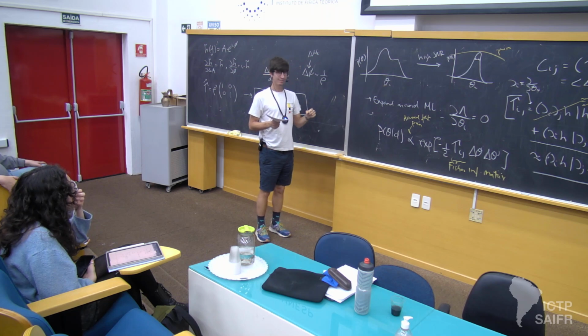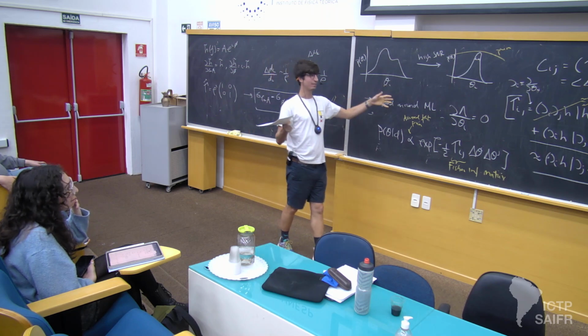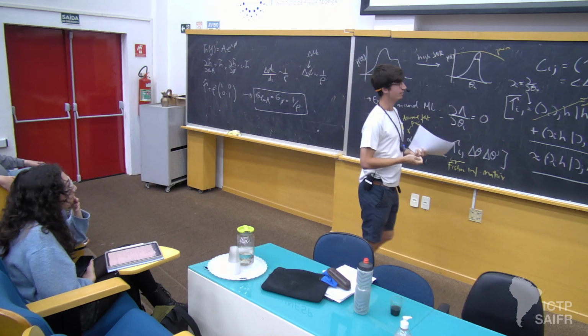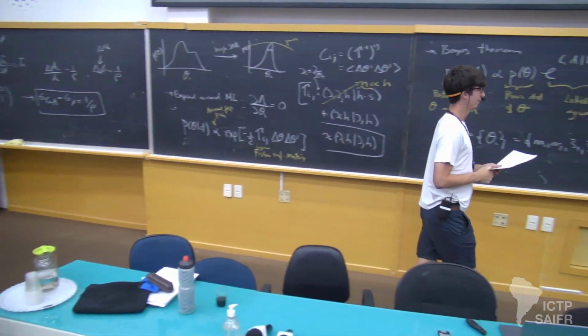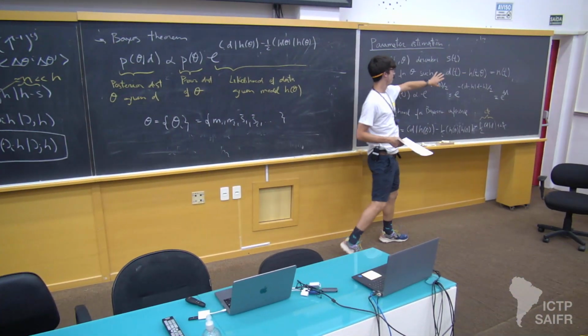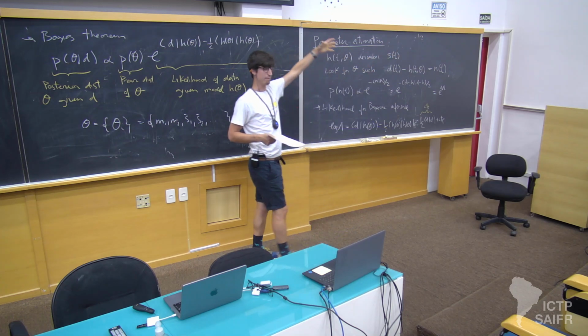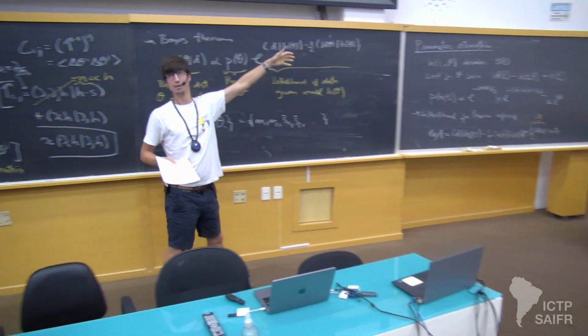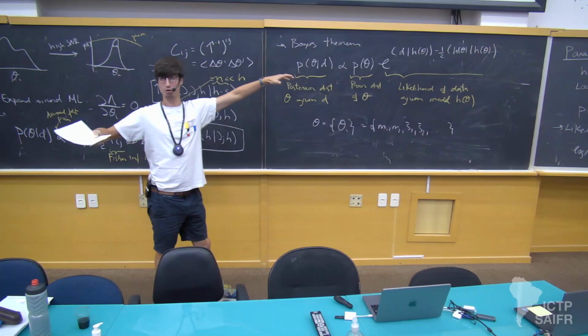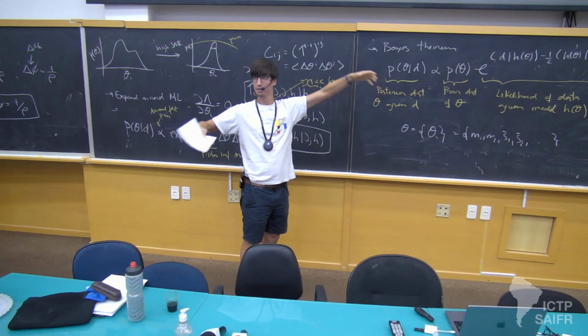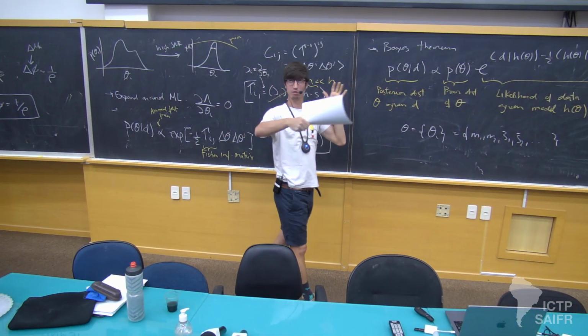So what this means is that in the LISA data stream, there will always be some signals. And those in particular, for example, will be the background of galactic binaries. This will make a background that will cover some frequency range.